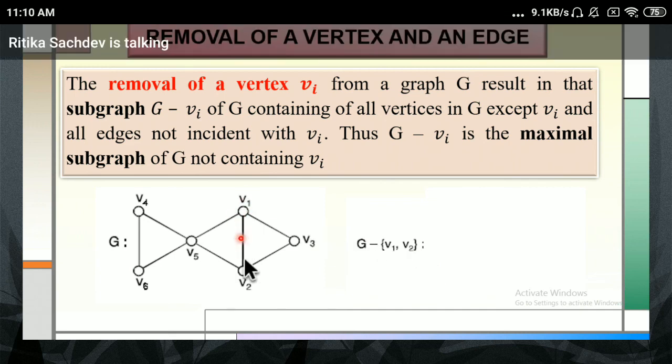If you remove V1 as well as V2, please note from V1 there are edges V1, V5, V1, V2, V1, V3. Those will be removed. From V2 we have edges V2, V5, V2, V1 and V2, V3. So your graph might look something of this sort. Please check the difference between the first graph and the second graph.